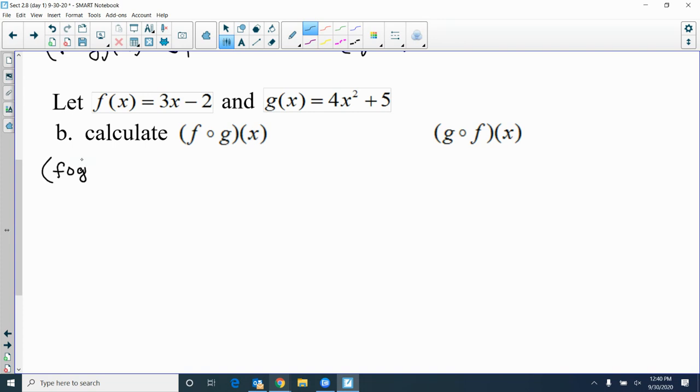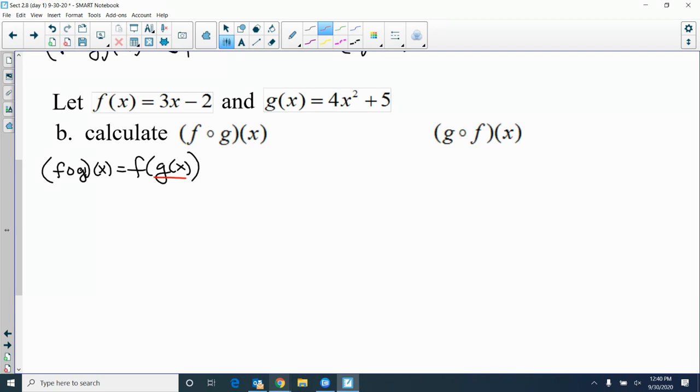If we look at the definition, what are we going to do? Well, if it said f of 2, you would take 2 and plug it in for x, right? So what do I do now? I take the entire g of x and plug it in for x in the f function.